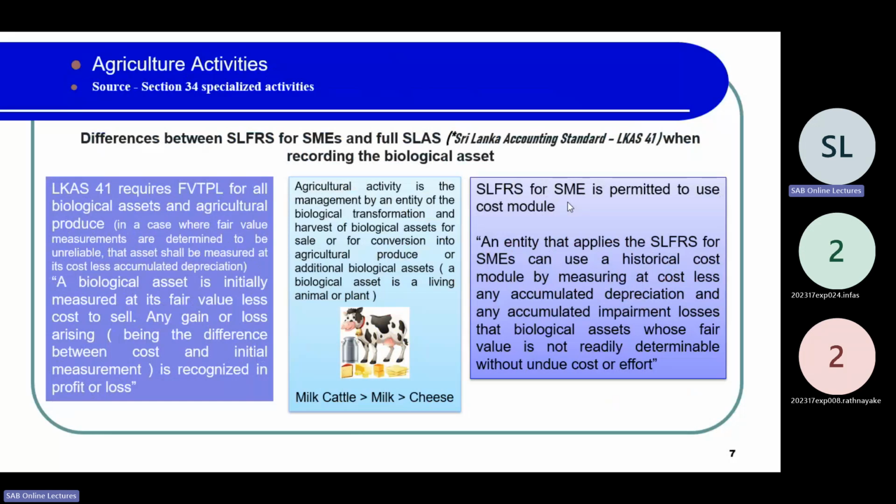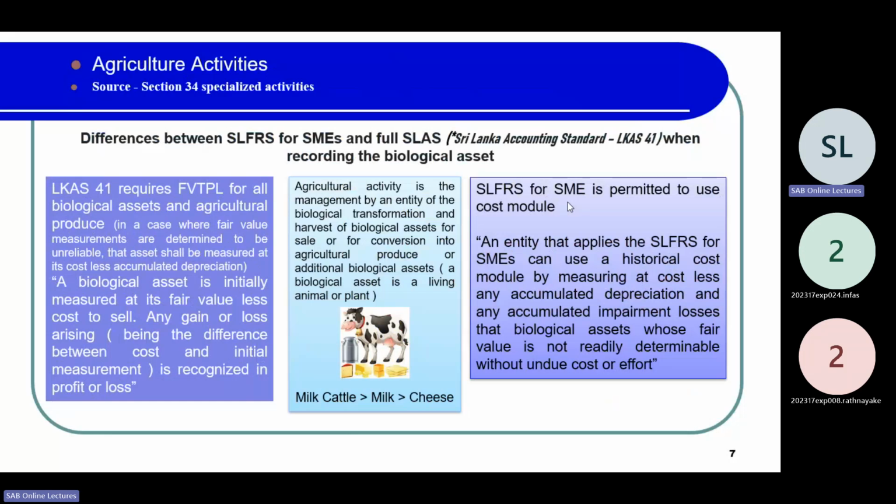Then I'm going to present how SMEs treat biological assets. In LKAS 41, full standards are required to measure at fair value through profit or loss to recognize all biological assets.